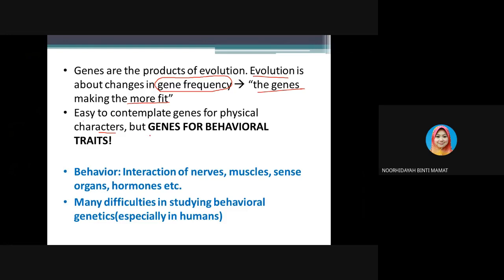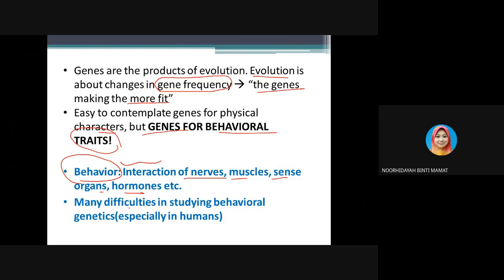But it is hard to distinguish the genes for behavioral traits, because behavior is actually the interaction of nerves, muscles, sense organs, and hormones. So behavior is actually a complex thing, because it is the interaction between several things.